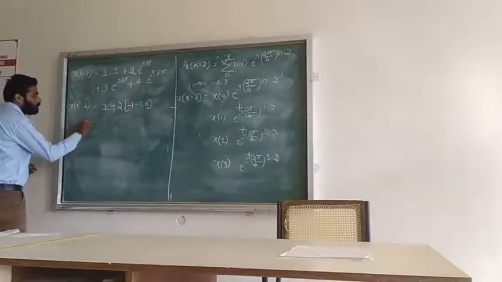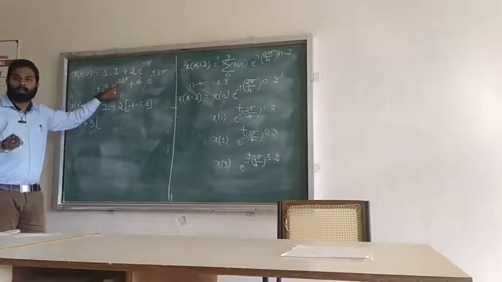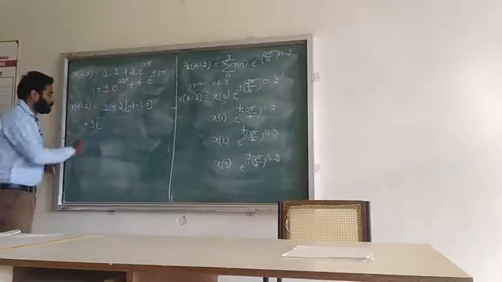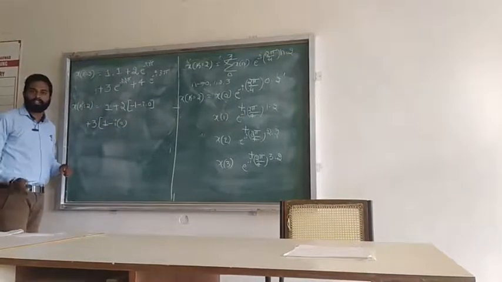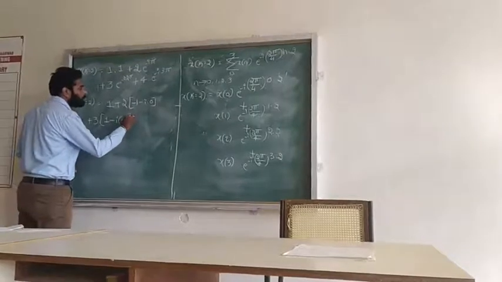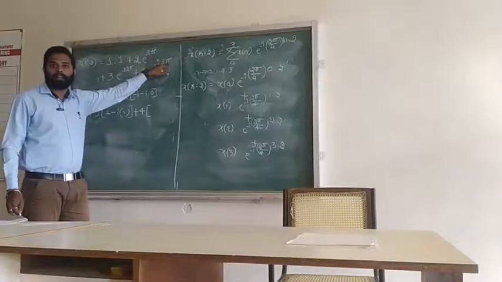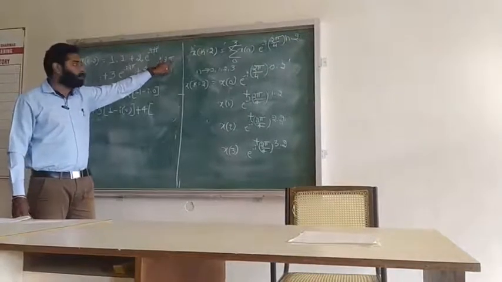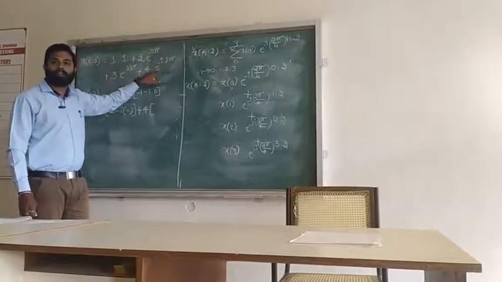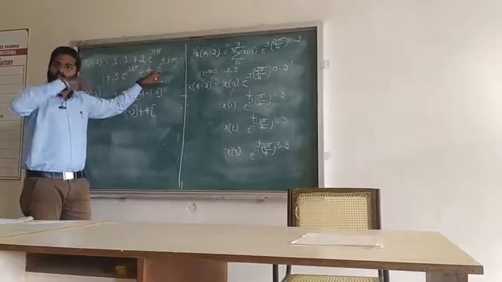Plus 3 into e raised to minus i 2 pi, cos 2 pi minus i sin 2 pi; cos 360 is plus 1, minus i into sin 360, which is 0. Plus 4 into e raised to minus i 3 pi, that is cos 540 minus i sin 540. Cos 540, again 180, that is minus 1.